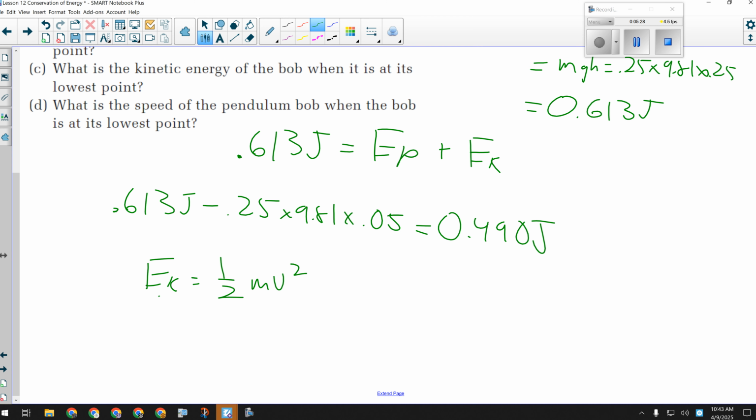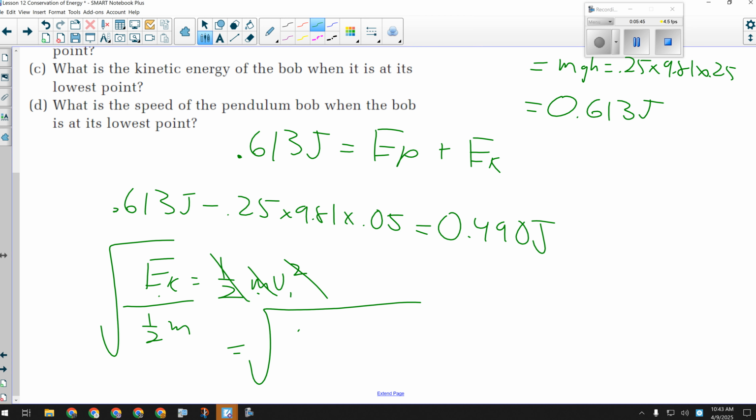I know this number, it's 0.490. I know this number, it's 0.250. So all I have to do is isolate v. So EK divided by half of m, square rooted, will get me v. So we will have the square root of 0.490 joules divided by 1/2 times 0.250 kilograms.